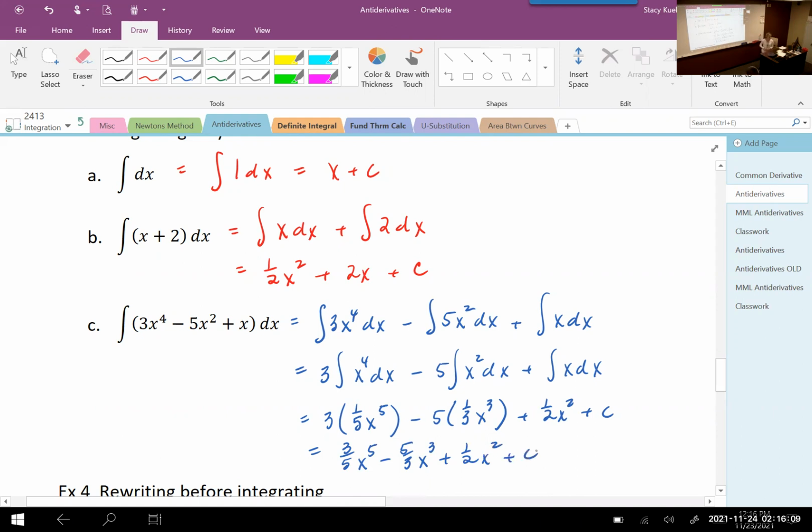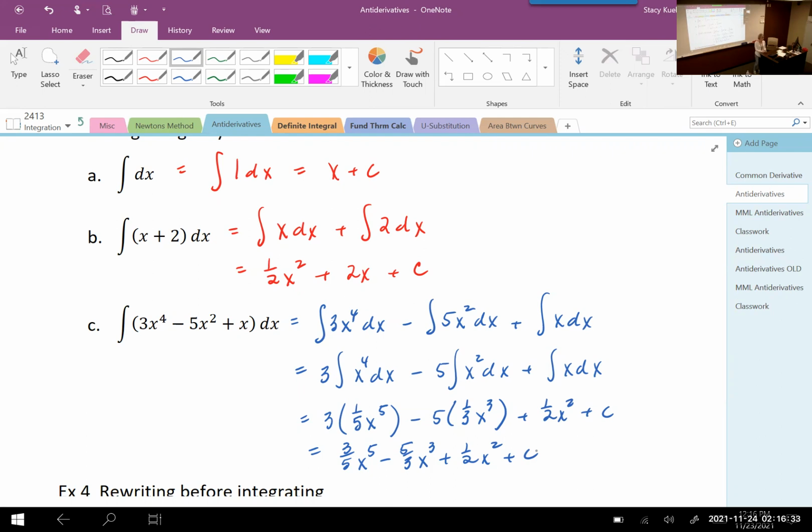So you should have gotten 3/5 x to the 5th minus 5/3 x cubed plus 1/2 x squared plus c. Okay? So just kind of putting it all back together. Yes, ma'am? I used both of them actually.